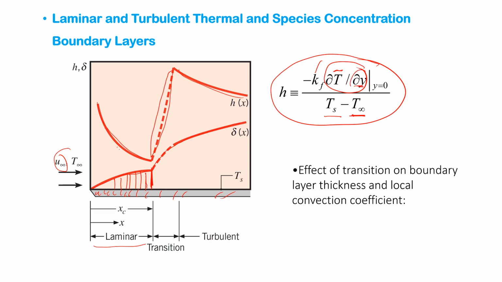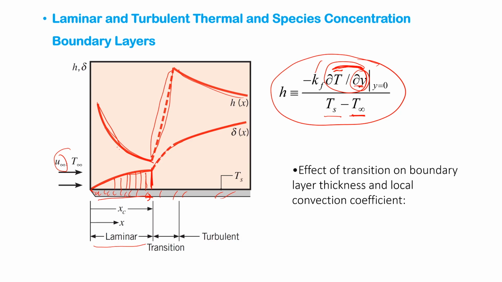So as you go from the leading edge to the right, this term is going to be larger and larger, which means this derivative will be smaller and smaller. That's why you have a decreasing trend here.